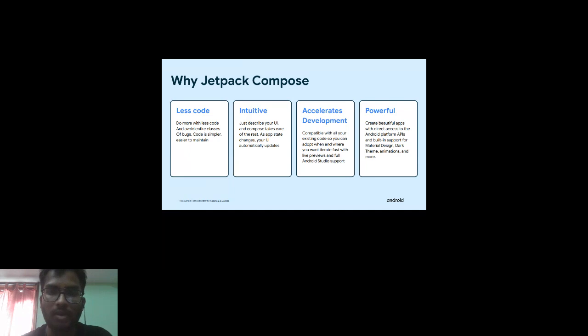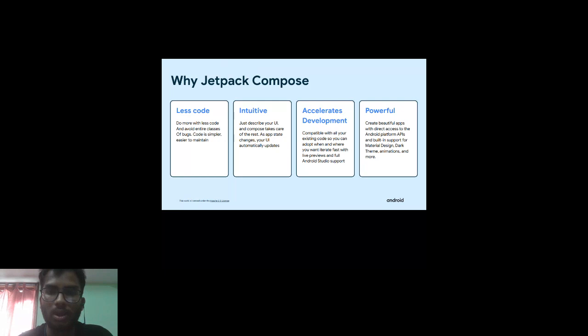So, accelerating development: since you need to write less code, and there is also an option for preview display. Whenever you are done with some of your work and need to know how the UI looks, there is a preview option in Android Studio.